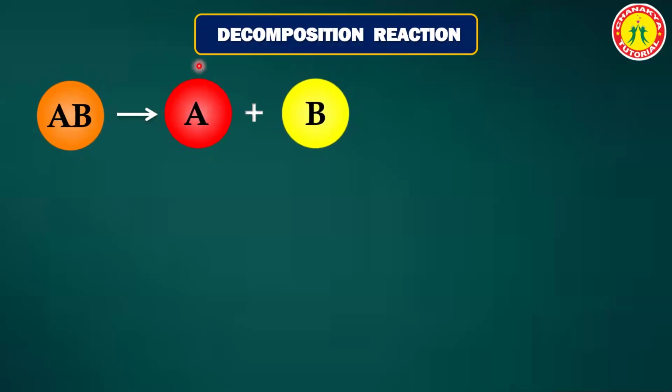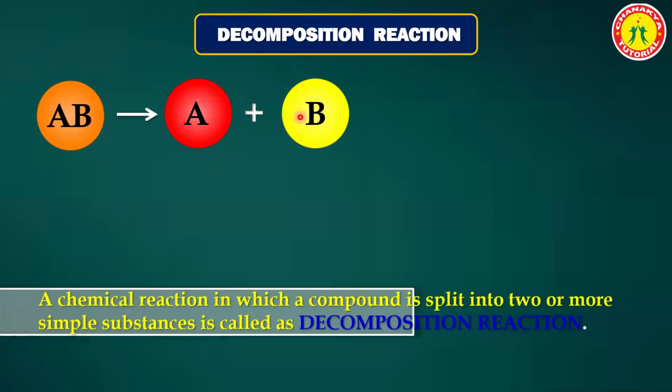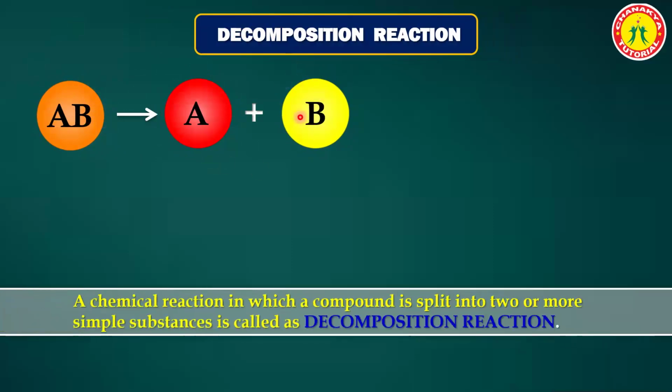Next, we'll study decomposition reaction. For example, AB changing into A plus B. Here the reactant AB got decomposed into simpler compounds A and B. A chemical reaction in which a compound, for example here AB, is split into two or more simple substances is an example of decomposition reaction.